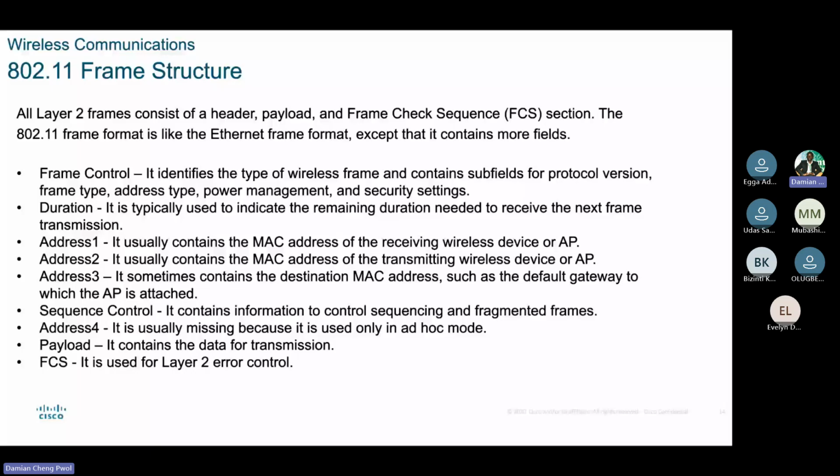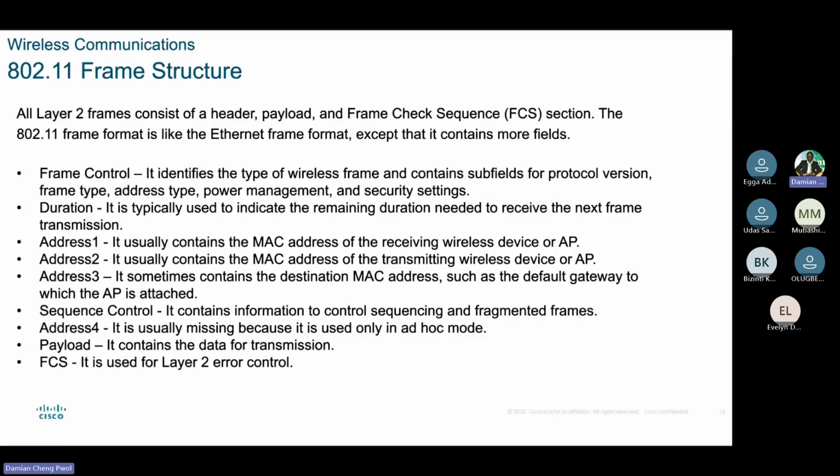Sequence control contains information to control sequencing and fragmented frames. The fragments are in sequence, with special unique numbering attached to each of them. Before transmission, you have the fragments. After transmission, at the receiving end, these fragments are brought together and assembled to form the complete information.